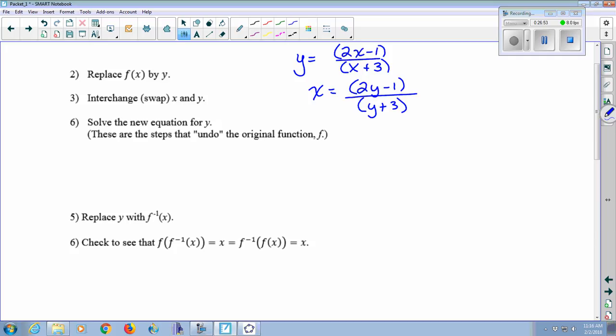So the first thing you want to do is create an equation where you don't have a numerator and denominator, to make it look more like a linear function. So again, your cross products say x times y plus 3 equals 2y minus 1, or you can multiply both sides by y plus 3, whatever you want to do. So you will get a statement that looks like this next.